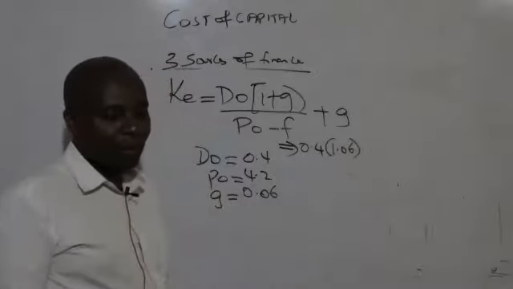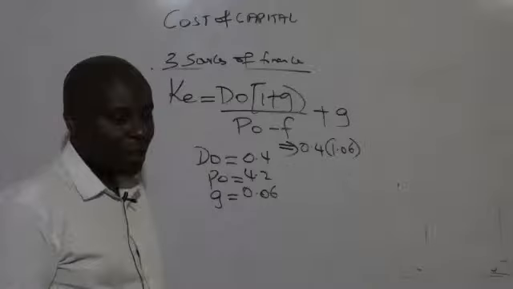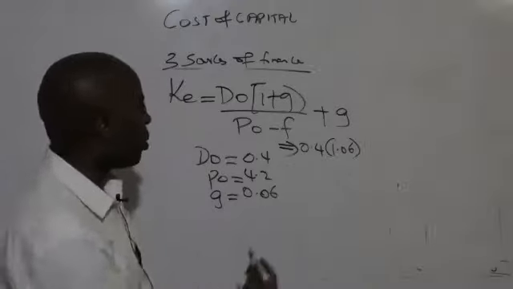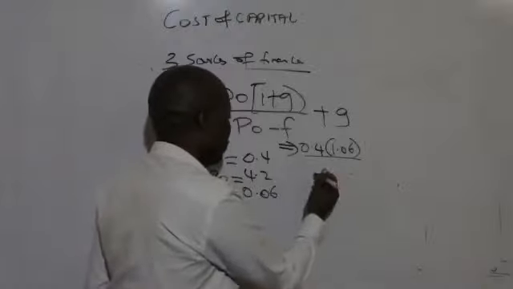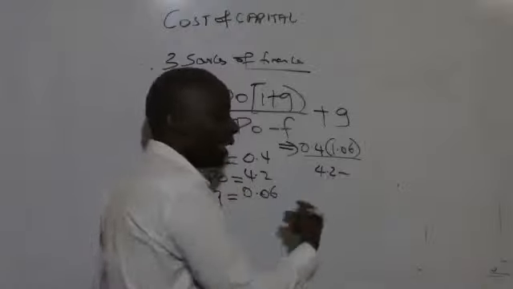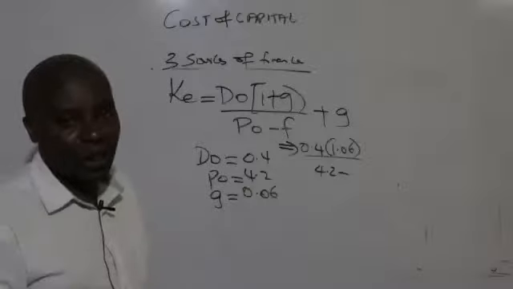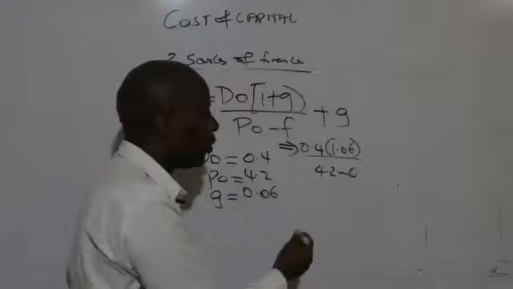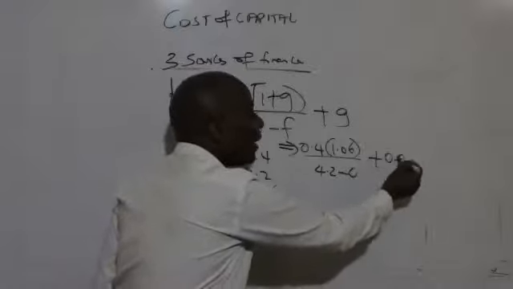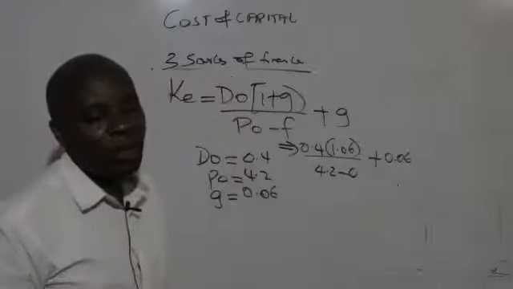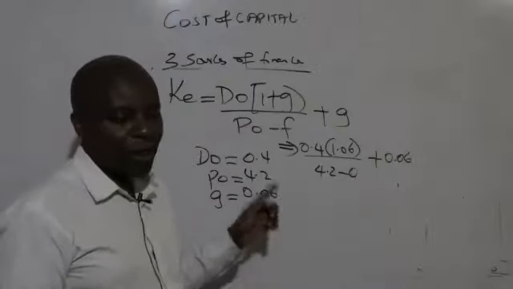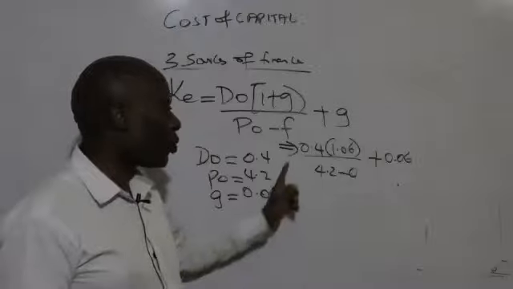Where did I get 1.06? It is 1 plus growth rate, 1 plus 6%, 1 plus 0.06. All over P0, which is 4.2. We don't need any money to float our shares, nothing for marketing our shares, so the flotation cost there is 0, plus the growth rate, which is 0.06. So you can give us an answer.